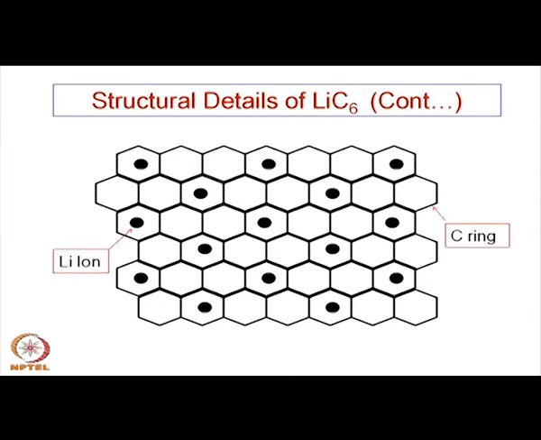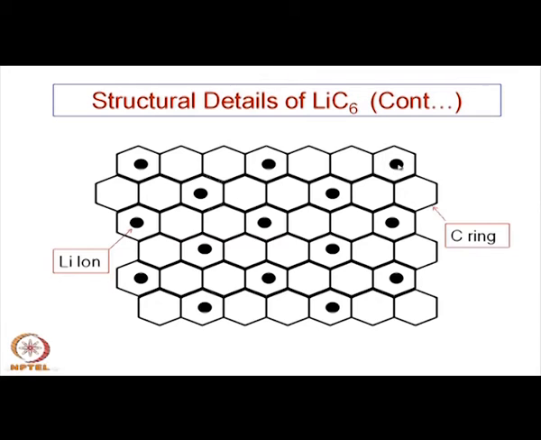In another view, you will get a much better picture. You can see this is the horizontal view of one particular layer, and these are the hexagons, and these are the positions of the lithium ions. You can see along the horizontal, every third hexagon is actually occupied.